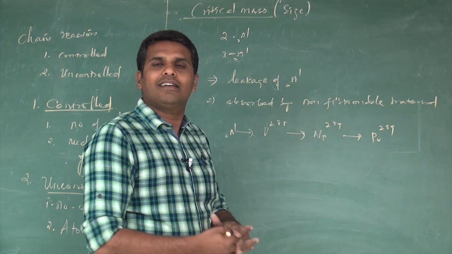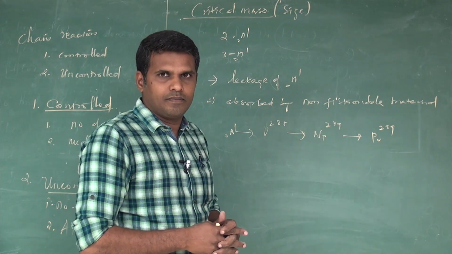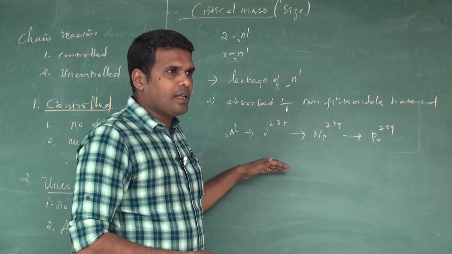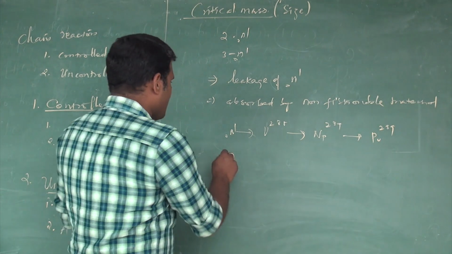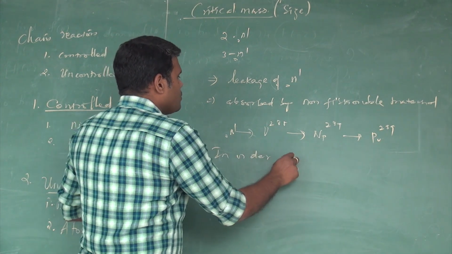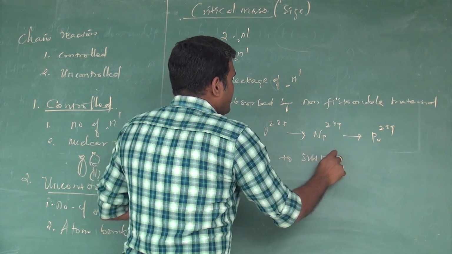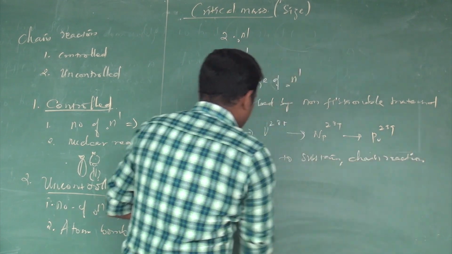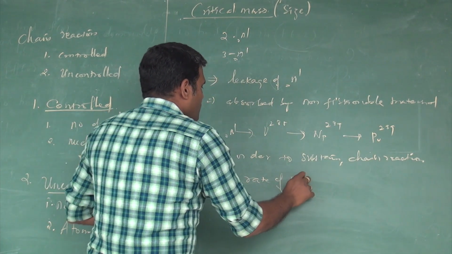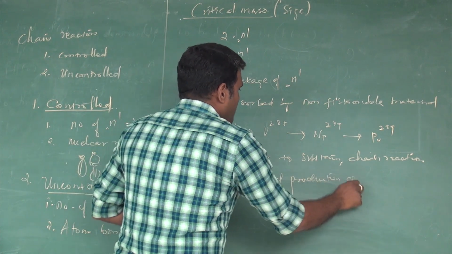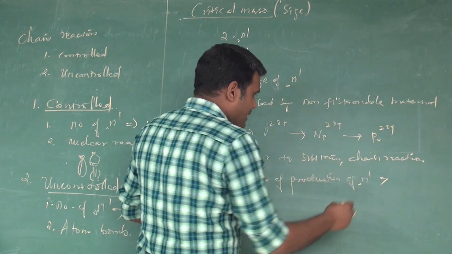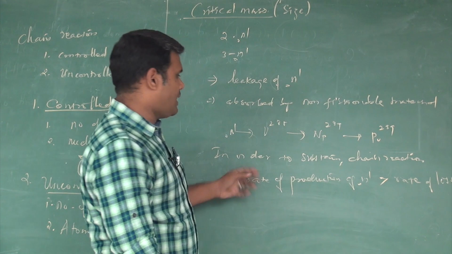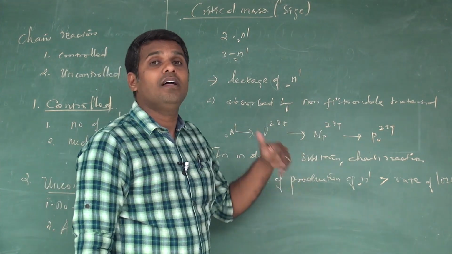In order to sustain a chain reaction, what should we maintain? In order to sustain a chain reaction, the rate of production of neutrons must be greater than the rate of loss of neutrons.